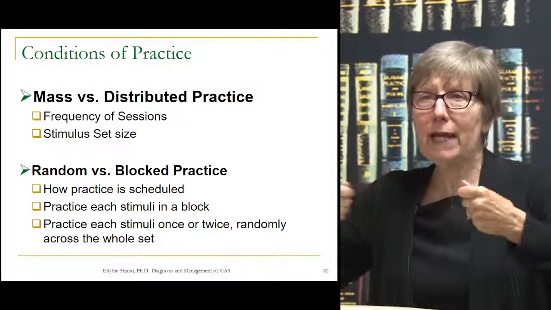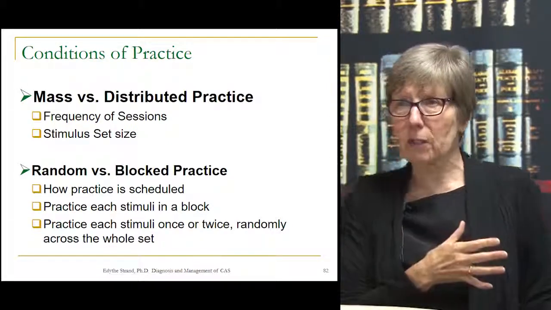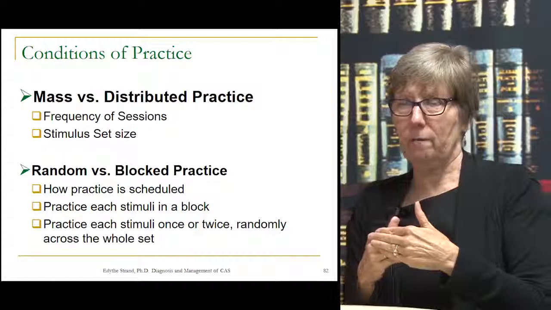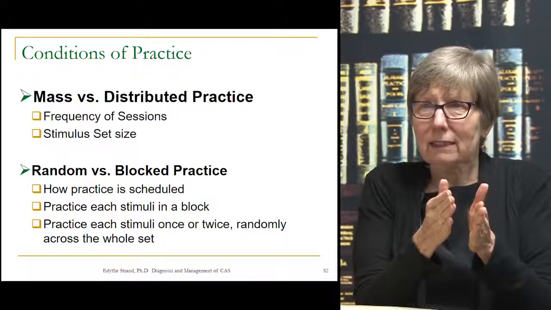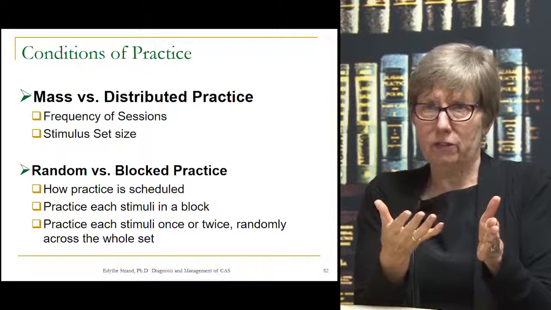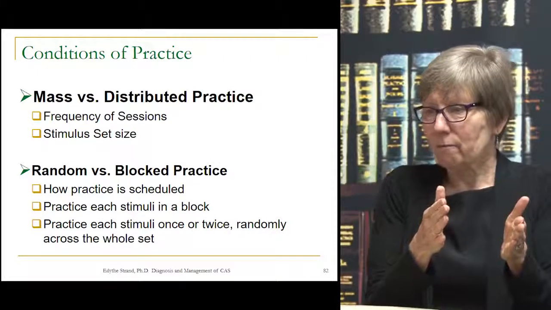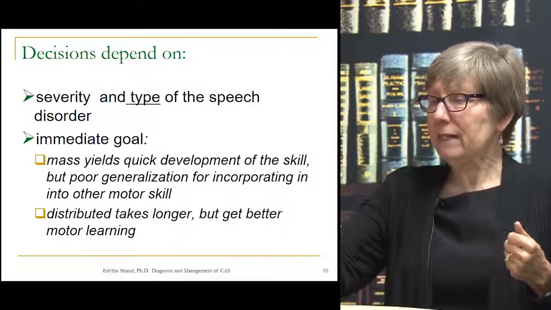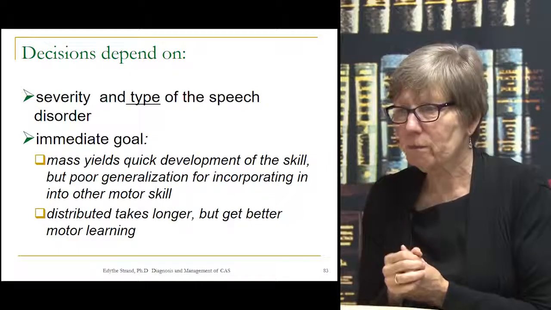If you're too random in your practice, it will take way too long for a child with any severe praxis problems to get accurate. If you start with completely blocked practice, then you risk over-habituation and there's not enough variability of practice. So we tend to use severity as our guide.